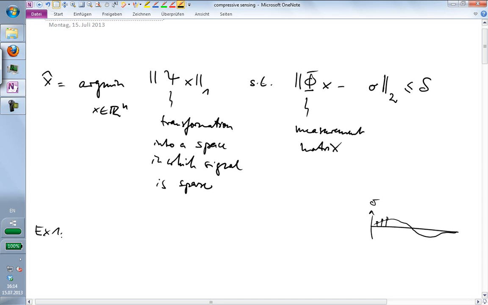So for n pixels, we need n measurements. Now the idea here is to instead use some simple, so let's say not O, but let's call this the signal of interest.